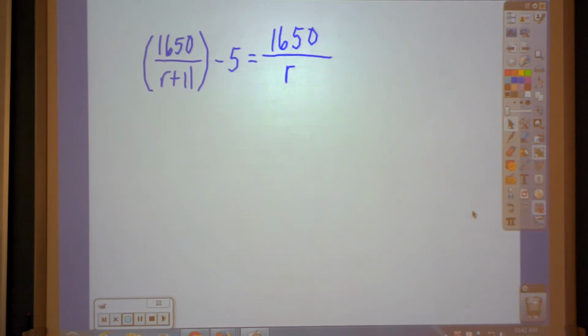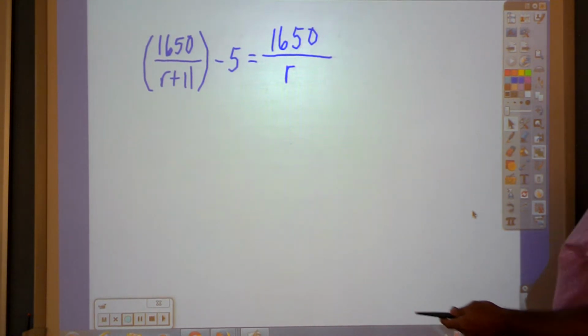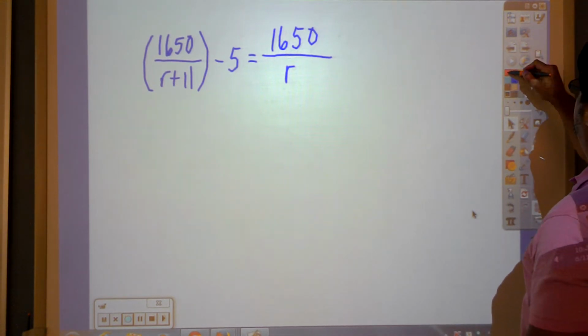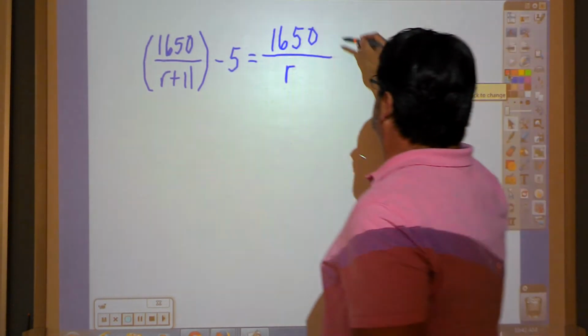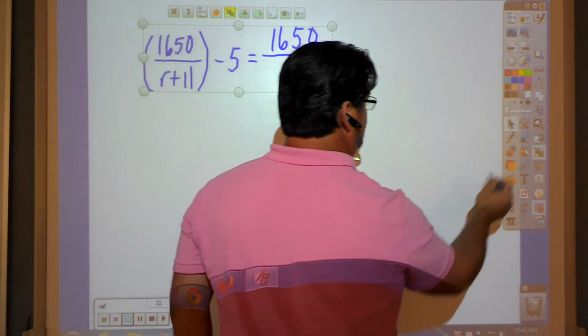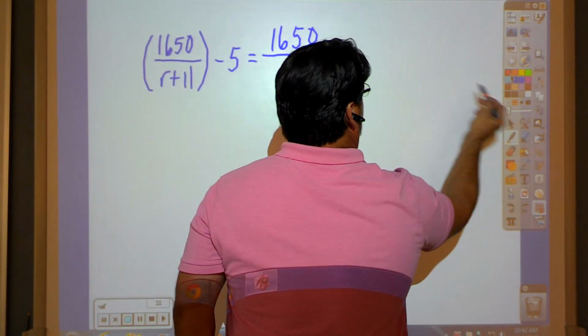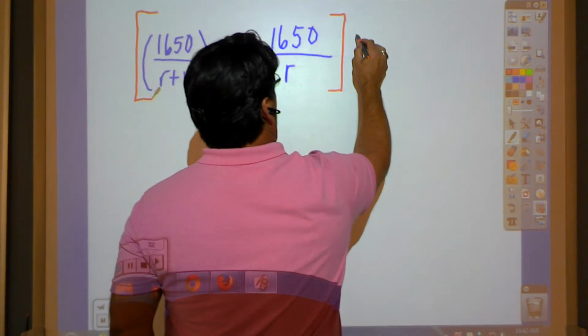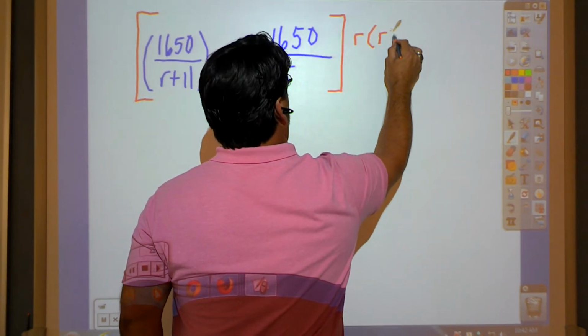Hear me at night. All right, now, what is the common denominator of R plus 11 and R? R times R plus 11.